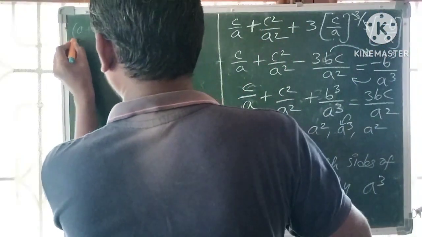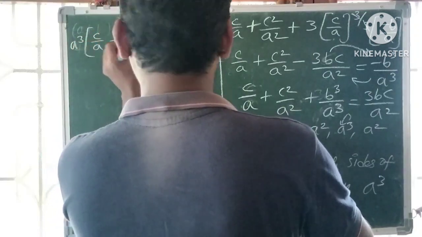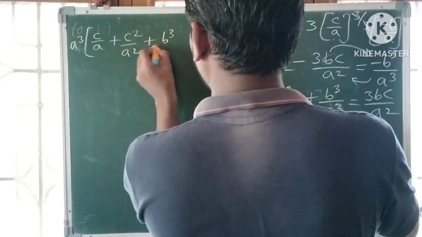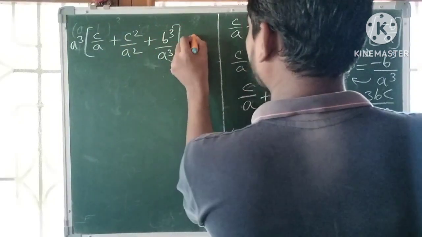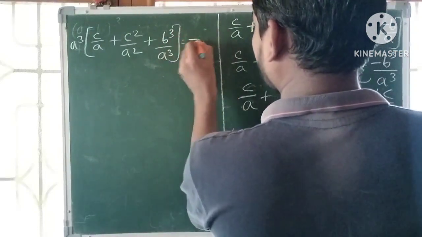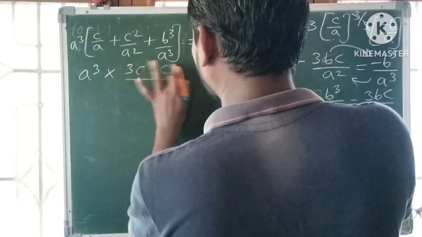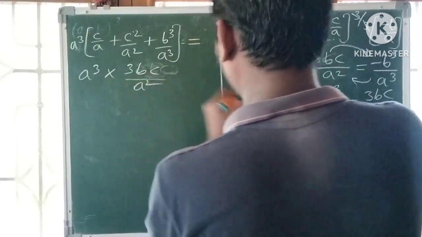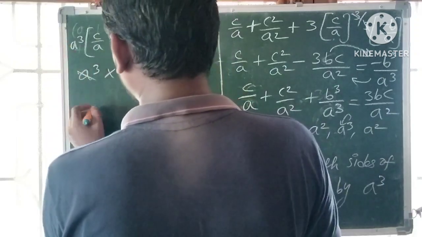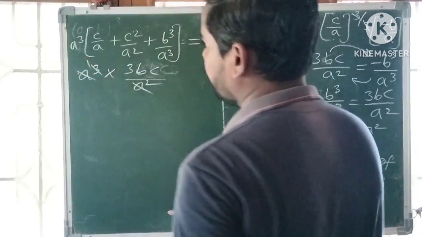So a cube into (c by a plus c square by a square plus b cube by a cube) is equal to a cube into 3bc by a square. Now a square cancels, one a square here and one a square there. Still we have a power 1.